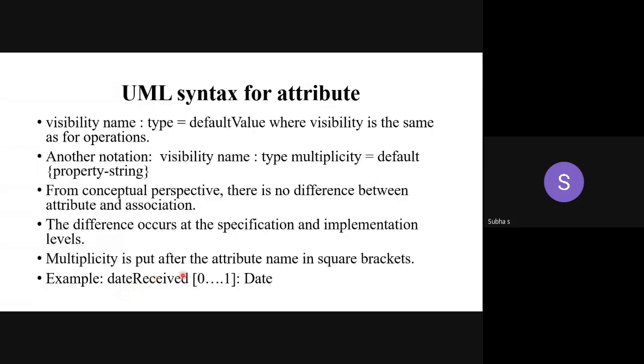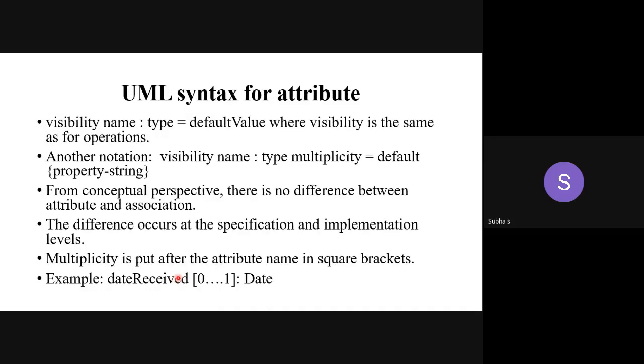So dateReceived, in square brackets you give the multiplicity, 0 to 1, colon, and the type is Date. You can give this in the reverse order also, as given in the example.